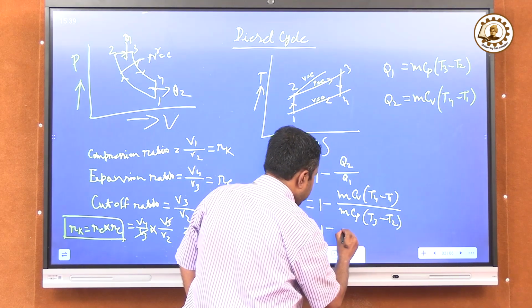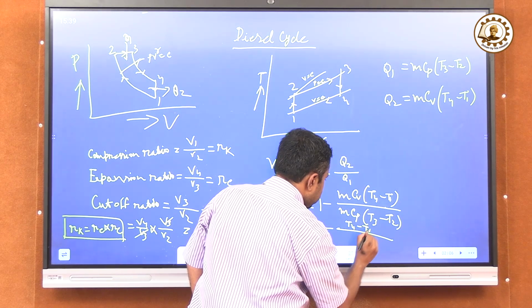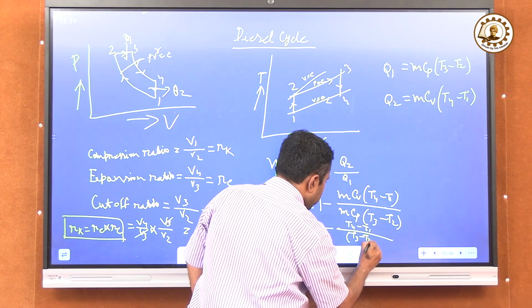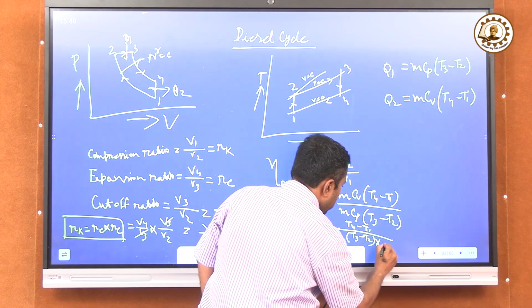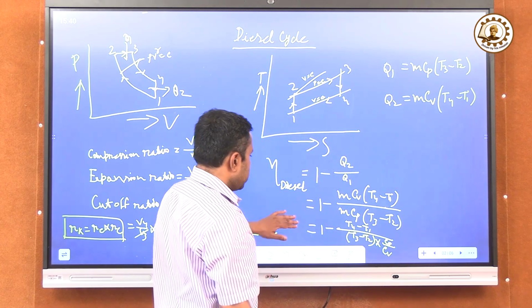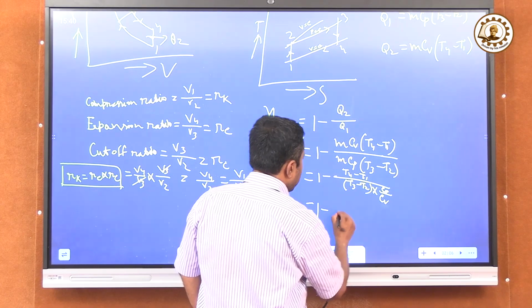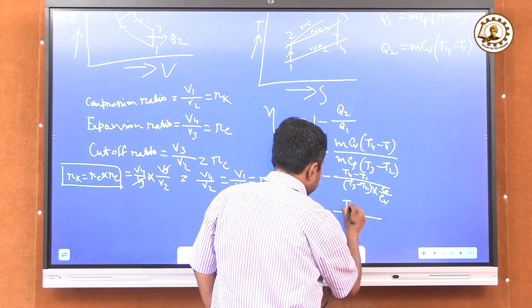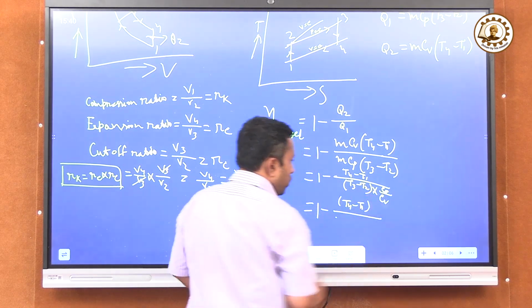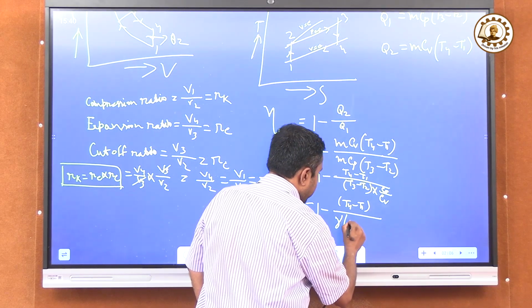Now we can write 1 minus T4 minus T1 over T3 minus T2, into Cv by Cp. Then it looks like 1 minus T4 minus T1 by gamma times T3 minus T2, since Cp by Cv is nothing but gamma.